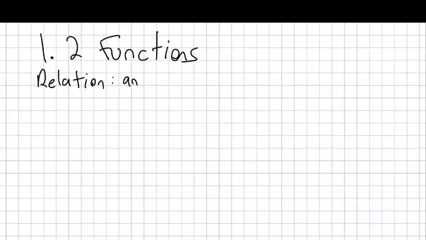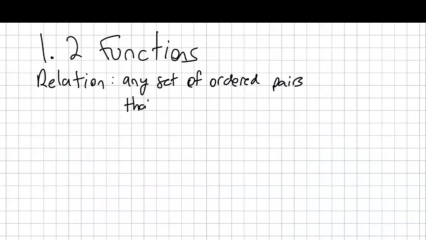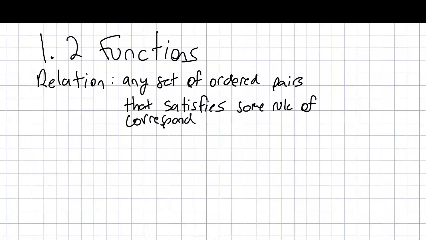Vocabulary: a relation is any set of ordered pairs that satisfies some rule of correspondence. So it's just a definition.